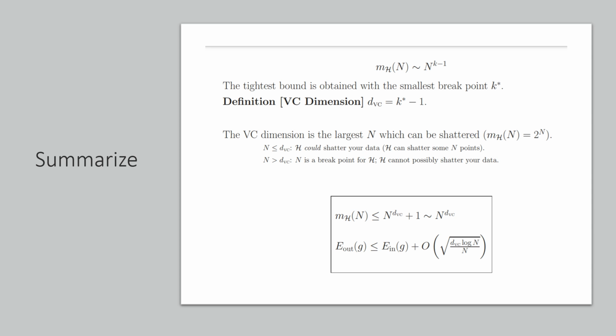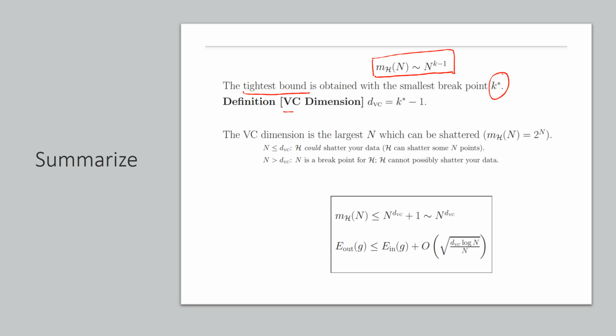Let me summarize these points here. In summary, we could come up with the polynomial bound for the good hypothesis sets, which was almost equal to n^(k-1). And this is the tightest bound, because it is obtained at the smallest breakpoint, which we denote by k star.